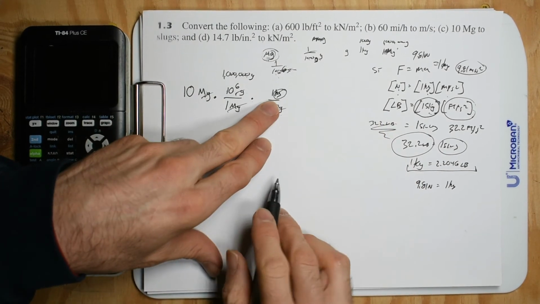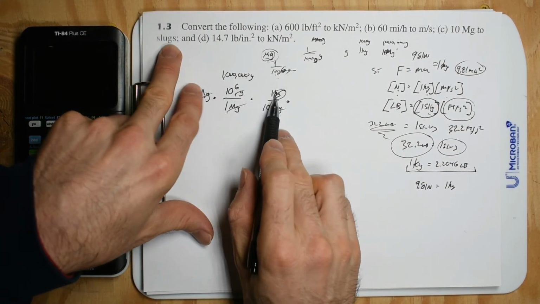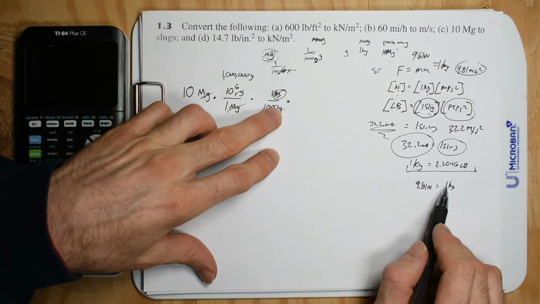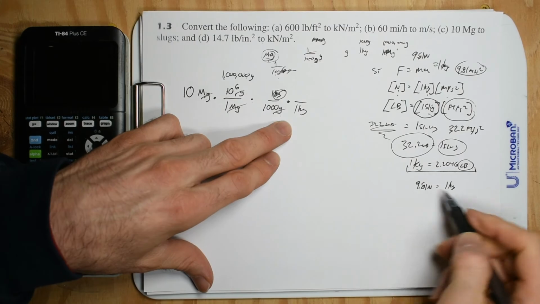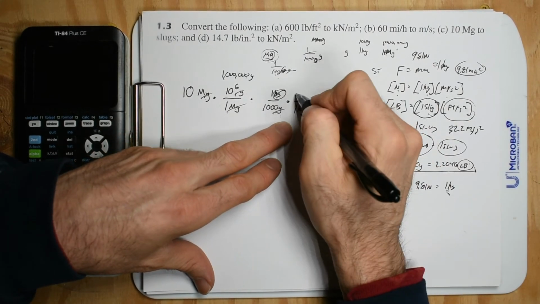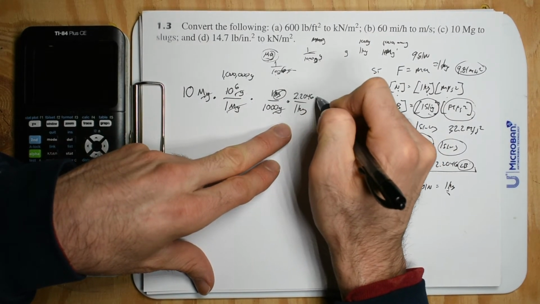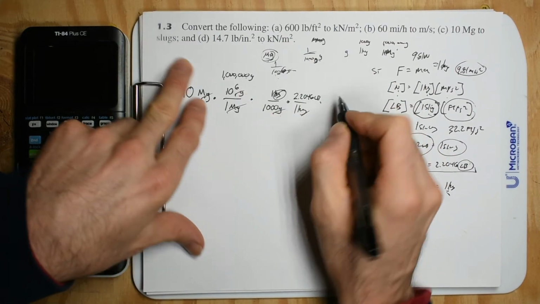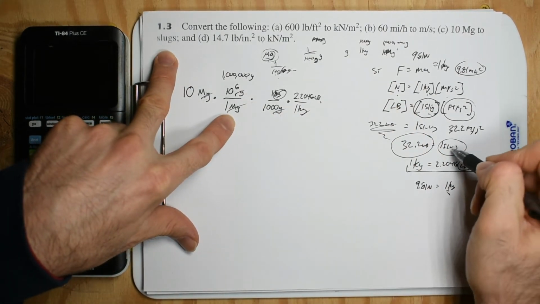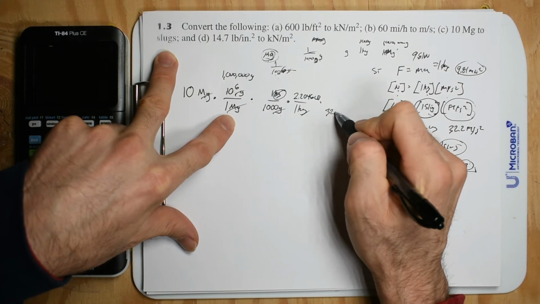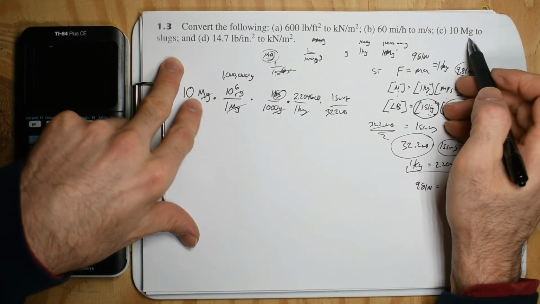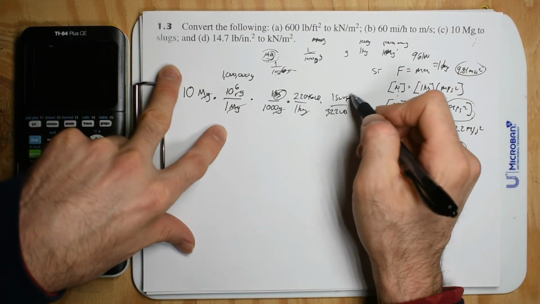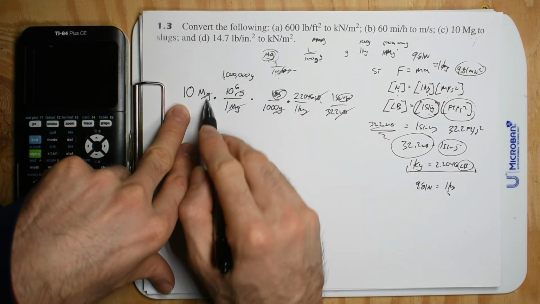So now we got kilograms, and now we'll go straight to pounds. These are our 3 options, and we'll go 2.2046 pounds. And now we need to get to slugs. So we know that 32.2 pounds is 1 slug. And now we're on megagrams to slugs. That's it. And then we did it.